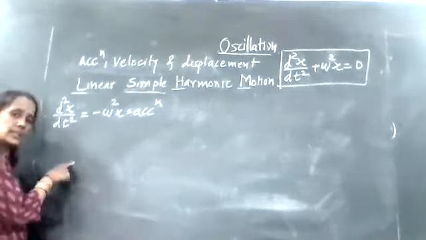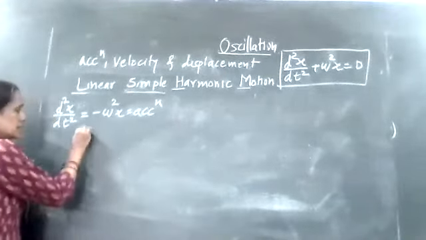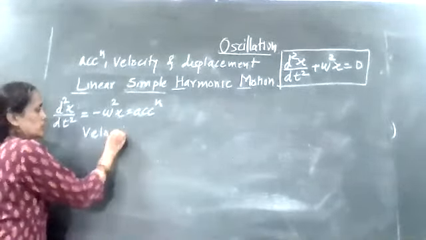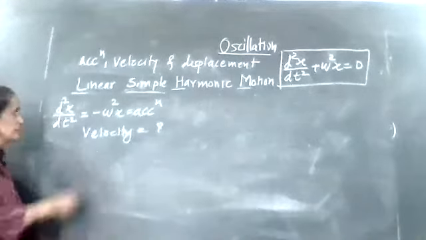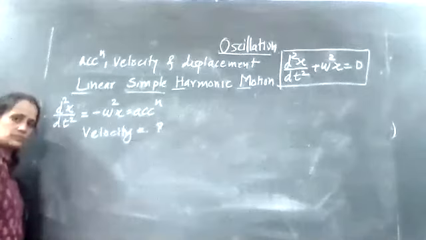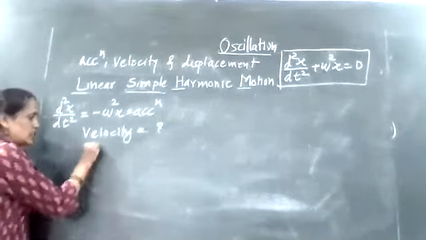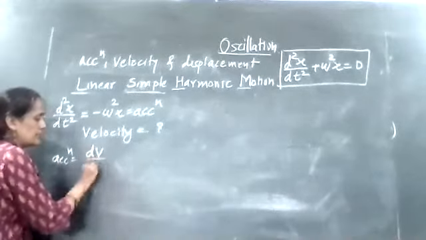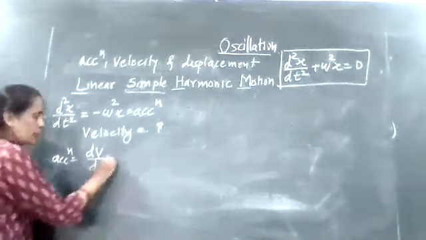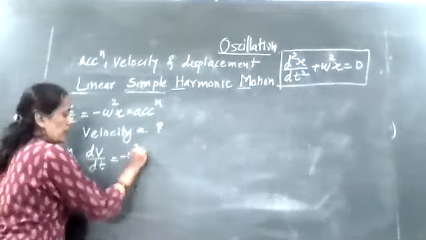Now from acceleration, I will go for the velocity. That is the derivation for velocity. How can you find the velocity? Start from acceleration. I can write acceleration as a, which can also be written as dv by dt, which is equal to minus omega square x.